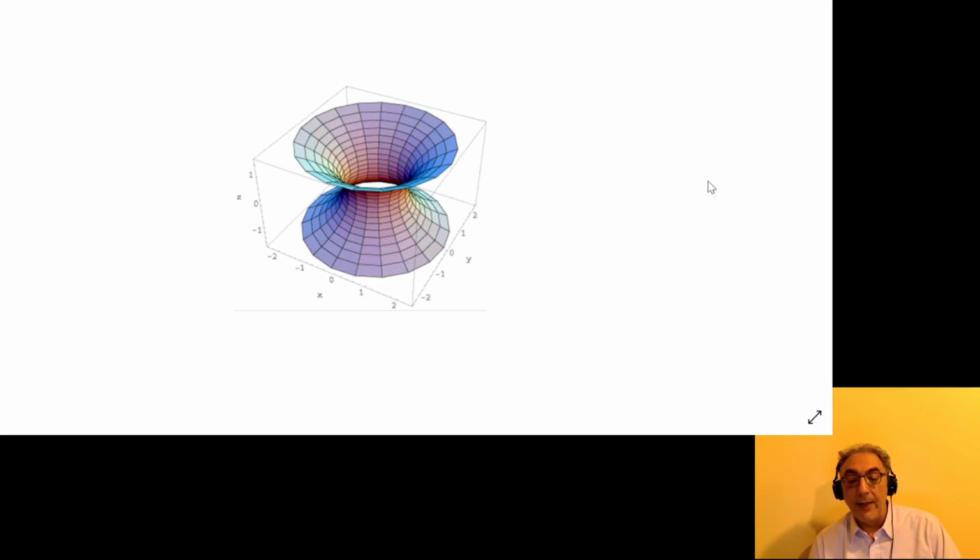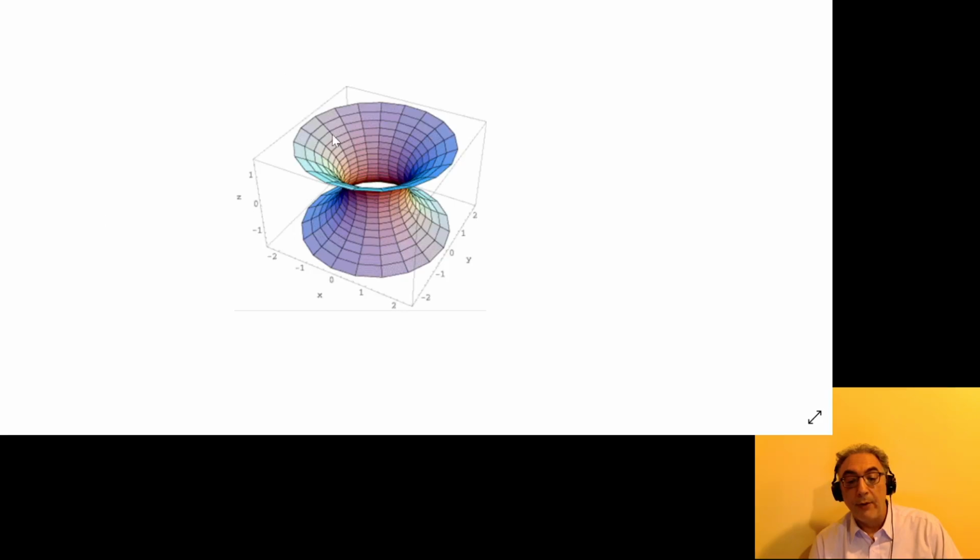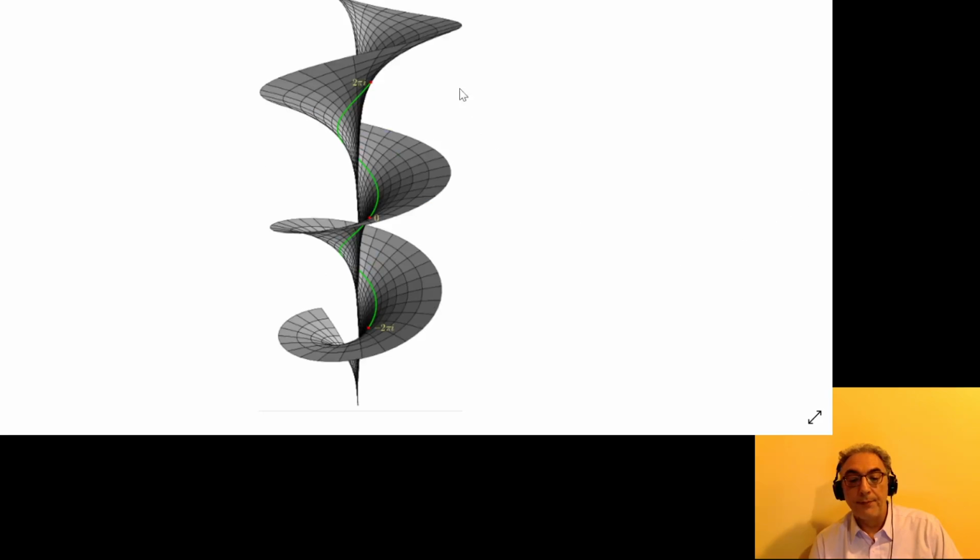Now, what is of interest here, in terms of curvature, is the relation between the catenoid and the helicoid.